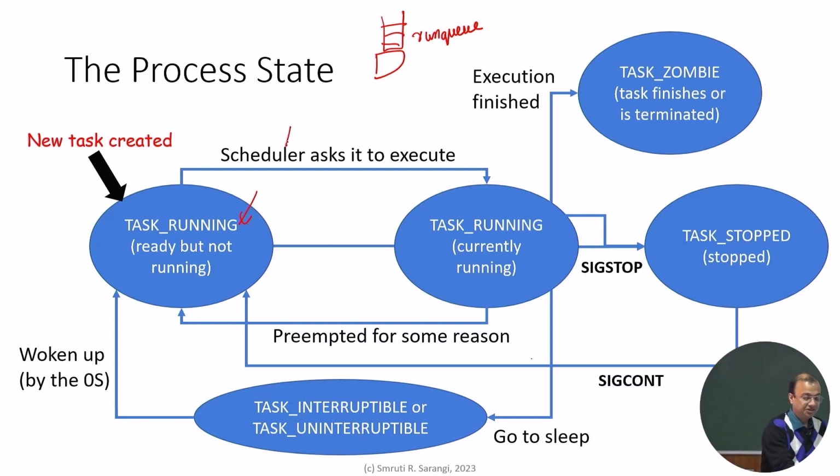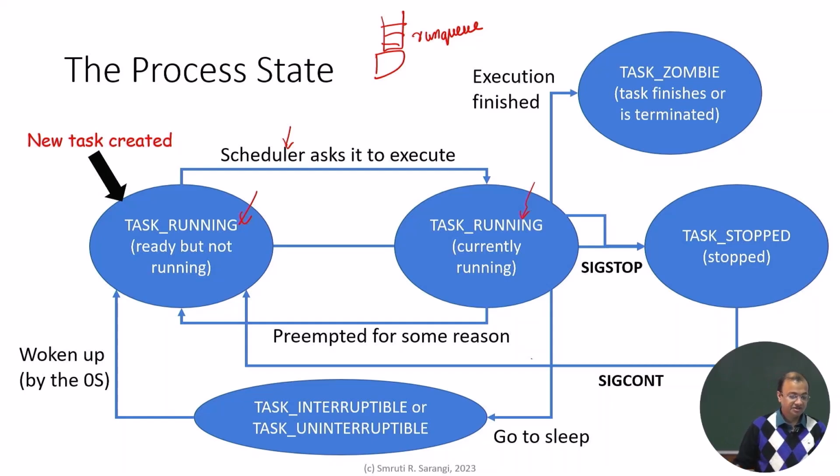Or if the scheduler has allowed me to execute and I am executing, my state is still task running. Setting the same state is actually beneficial, because it will not require many state changes. So task running means either I am ready to run or I am currently running.